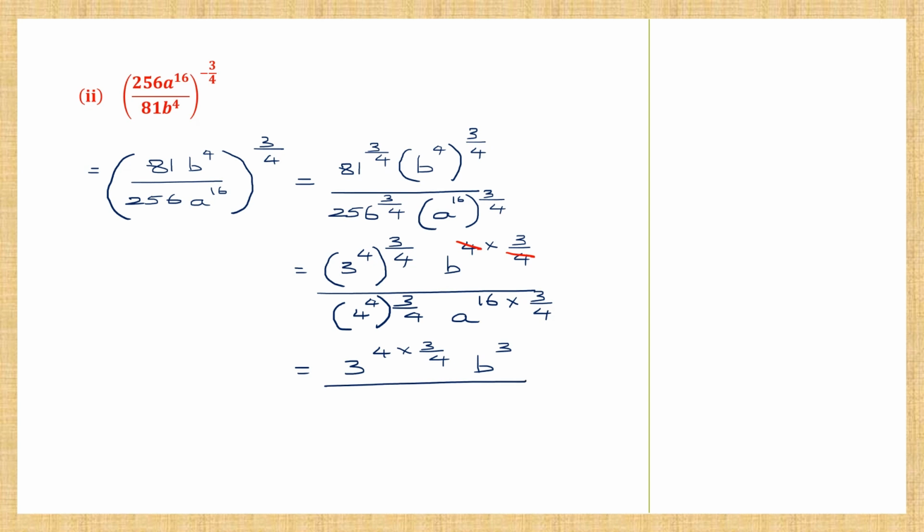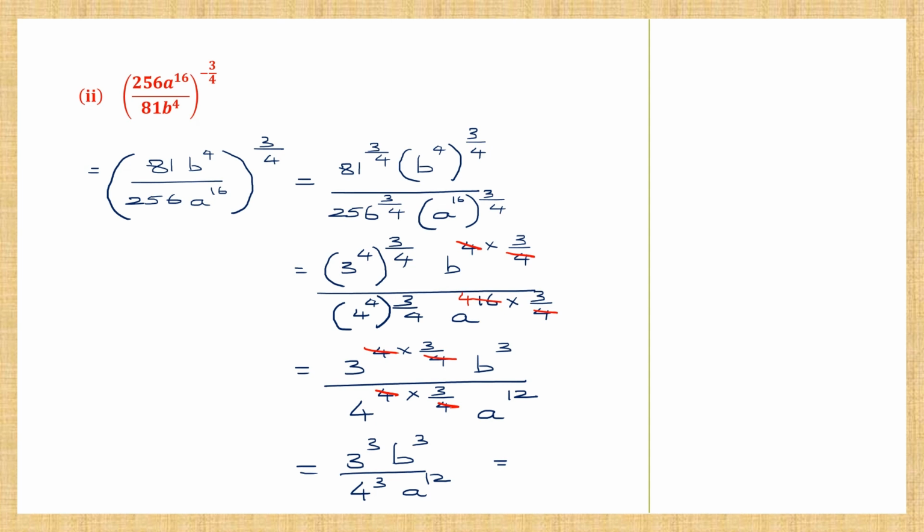In the denominator, we can say 4 raised to the power of 4 into 3 by 4 into a, and here we can cancel. 4 ones are 4, 4 fours are 16, 4 threes are 12. Here, when we continue, we can cancel this 4 and this 4. So that becomes 3 raised to the power of 3 into b raised to the power of 3. In the denominator, cancel the 4 and 4. So that becomes 4 raised to the power of 3 into a raised to the power of 12.